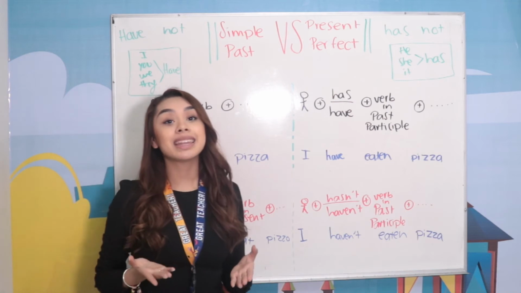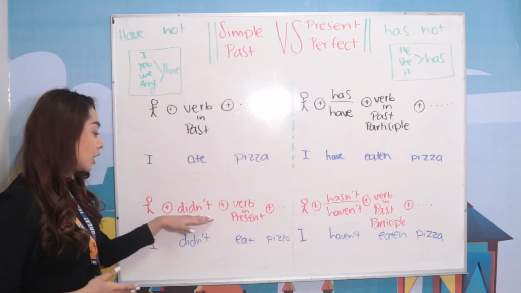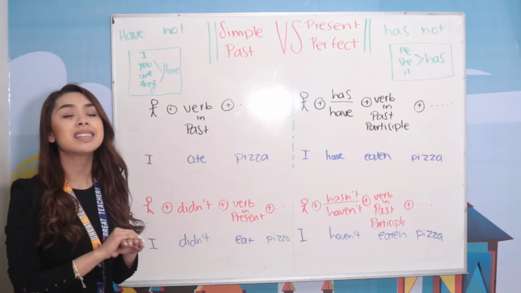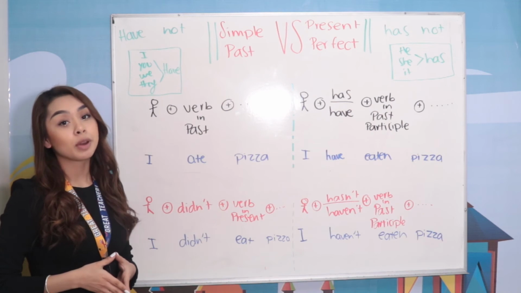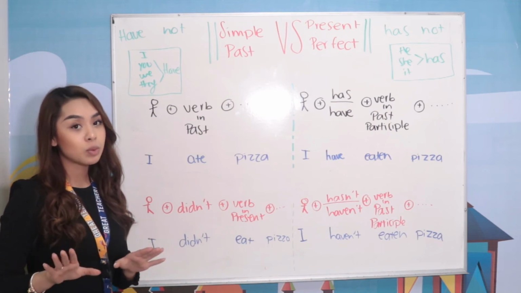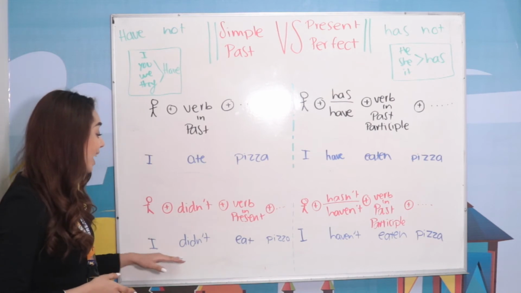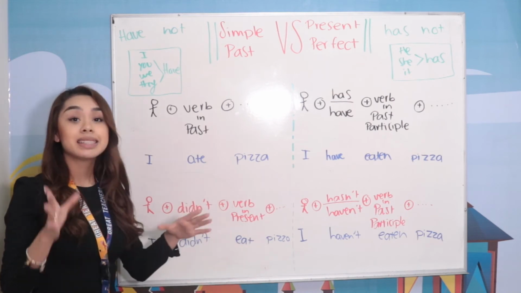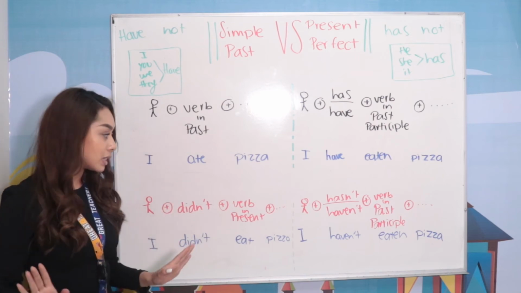So if we make the negative form of did, it is didn't. So that's why we have didn't here. We already have a verb in past, so it is not necessary to put the verb in past again. So that's why we have to put it in present, because we already have did here. So I didn't eat pizza. It's a negative sentence that I made in the past, but not anymore at the present.